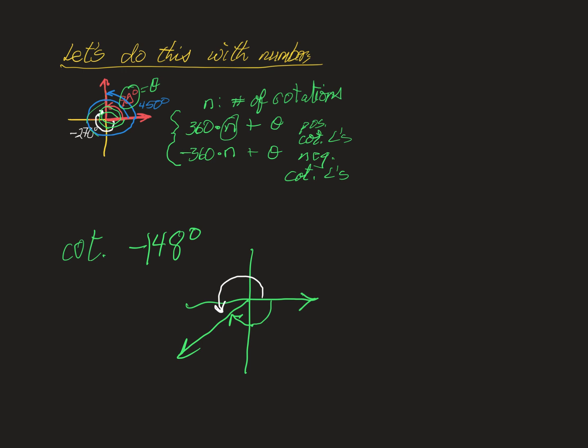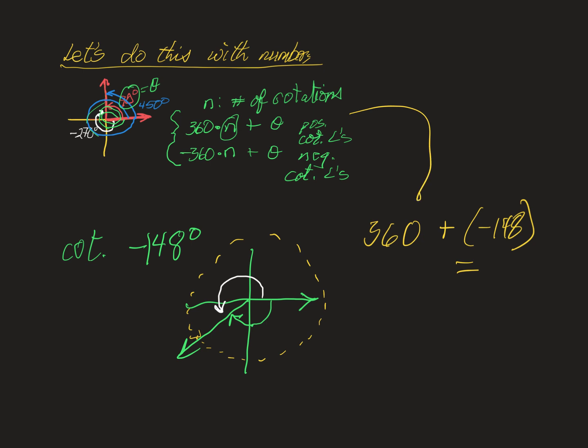So let me show you how you can think of it. This is kind of another way I've done this problem, but if you think I'm going all the way back around in the positive direction, that means I've got to add 360 degrees. So I take 360 degrees and I add it to the angle that I had, negative 148. And that gives me, which, by the way, matches up with our formula.